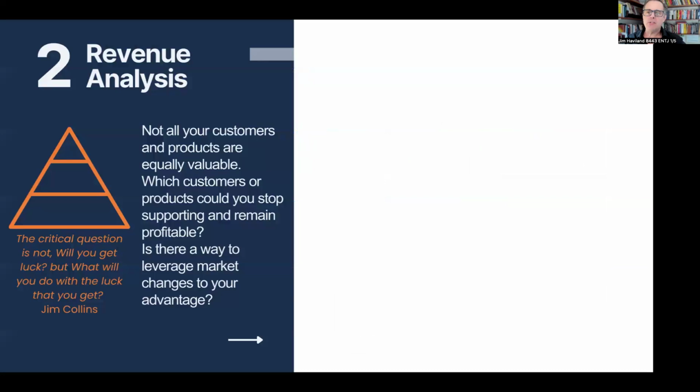So the second part, once we have that, we've got our thoughts in our head about who our folks are and the scenarios we're going to go through. Now we want to think about our revenue, and there's a couple things we want to look at. We want to figure out what are the most impactful parts of our revenue.